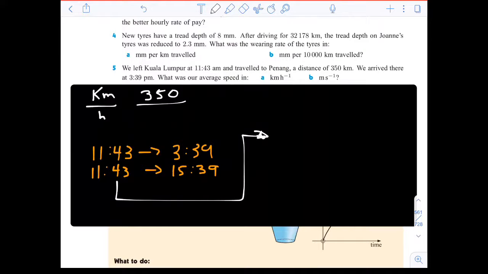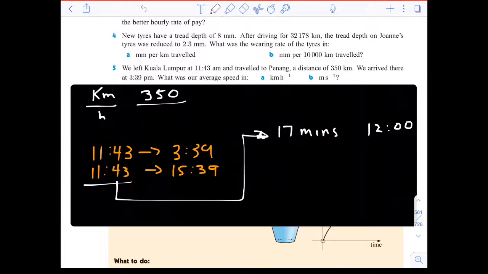So in this case, if I added 17 minutes, that would take me to 12 o'clock. So that's going from 11:34.